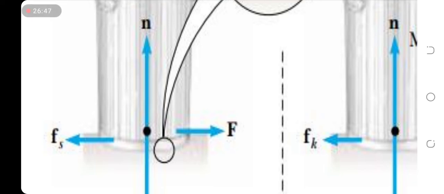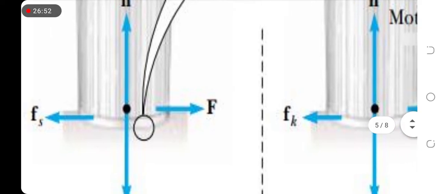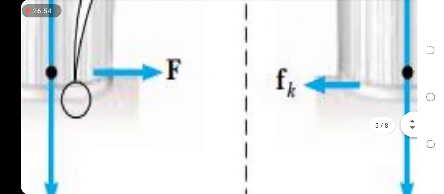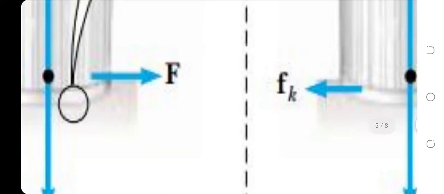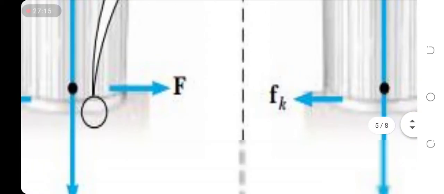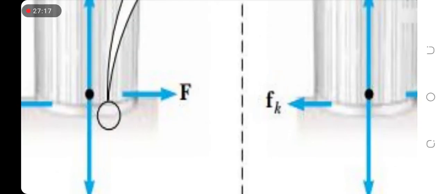Fs, where s is static, Fk, where k is kinetic friction. We have used the force of friction, a symbol small f, but in boldface. Boldface due to the force nature because it is a vector, and small s and k, these are the two subscripts, abbreviations for static and kinetic.